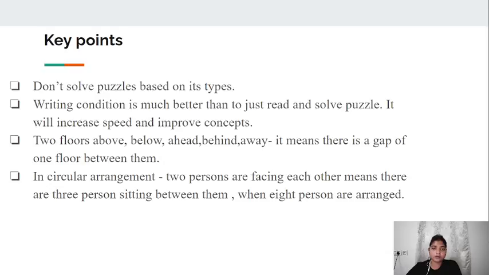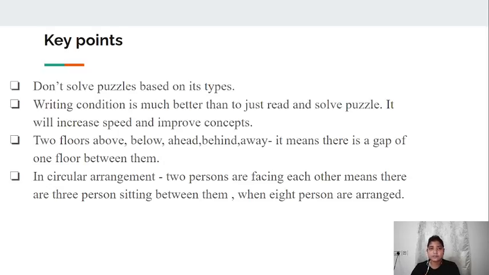And now we'll come to the keywords. If there is a line in the question saying that B is 2 floors above A, what that means is that there will be a gap of 1 floor between A and B, and B will be above A. Similarly, it applies to below, ahead, behind, away and above.